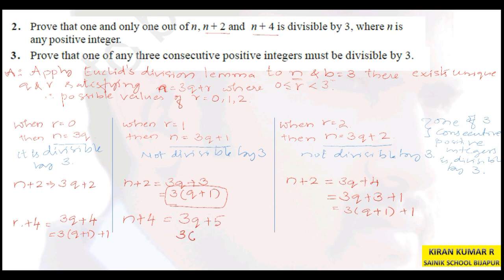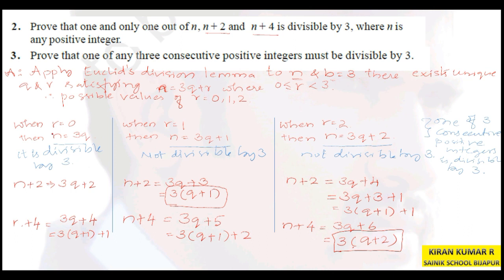I can write this as 3 times q plus 1 added to 2. N plus 4 when r is equal to 2, if we check, is 3q plus 6. The same I can write as 3 times q plus 2. Now you observe, only in this particular case we have a multiple of 3.